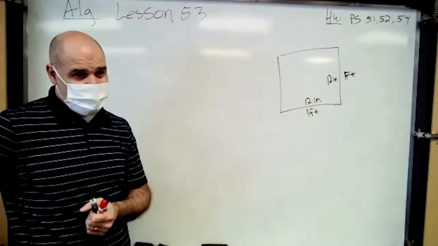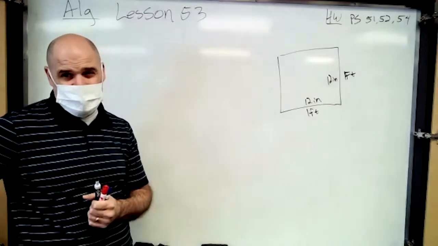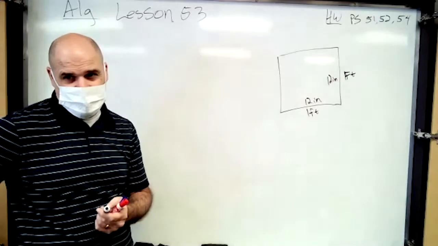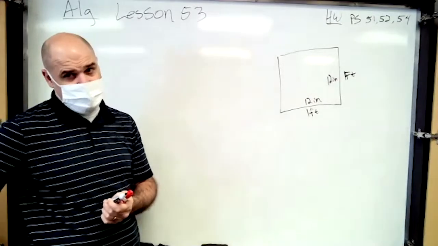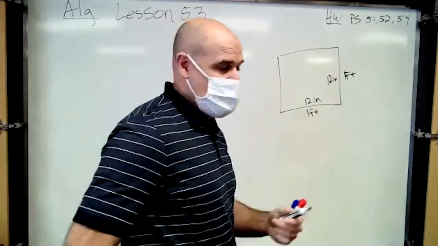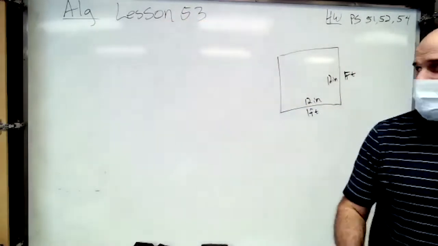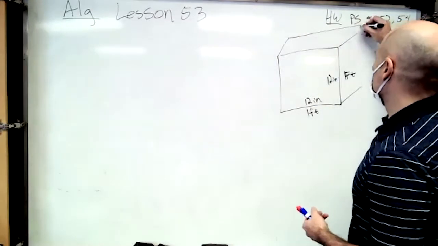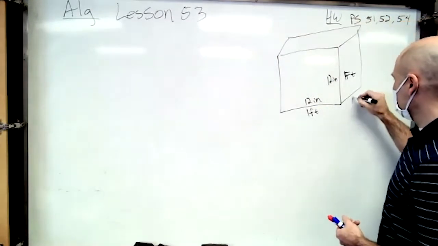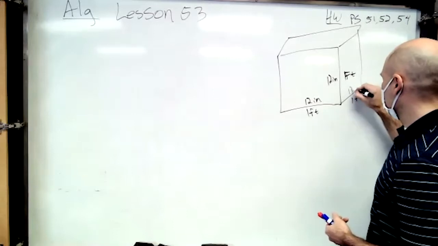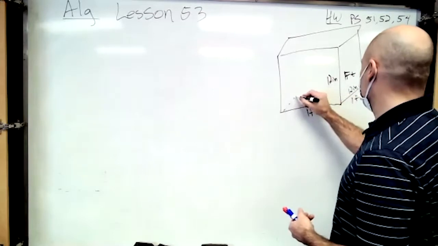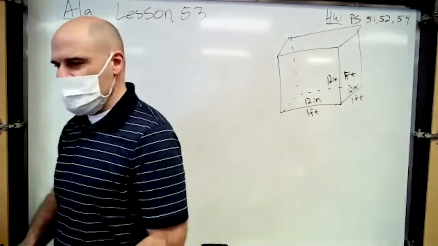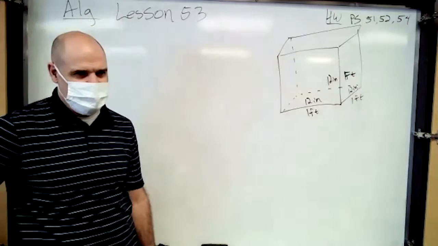So let me ask you this. How many cubic inches are in a cubic foot? You don't have to tell me a number. You can tell me an exponential expression if you want. We're adding another dimension here. 1,728.